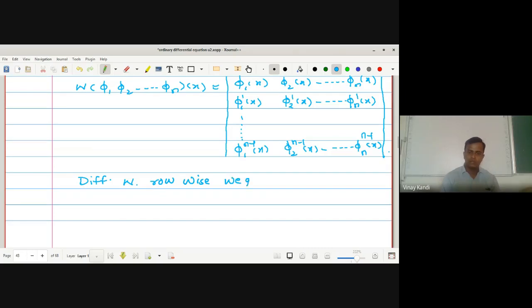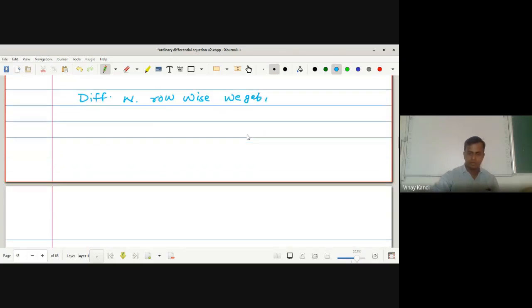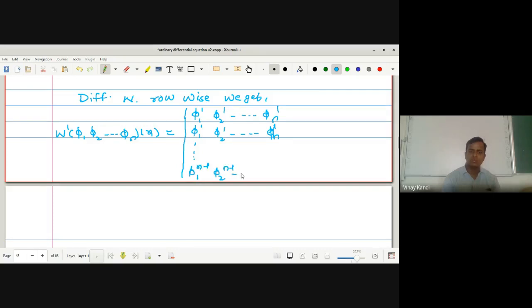We get W dash of phi 1, phi 2 up to phi n of x is equal to, now, first row differentiated: phi 1 dash, phi 2 dash up to phi n dash of x, and second row as it is: phi 1 dash, phi 2 dash up to phi n dash, and the last row is phi 1 raised to n minus 1, phi 2 raised to n minus 1 up to phi n raised to n minus 1.